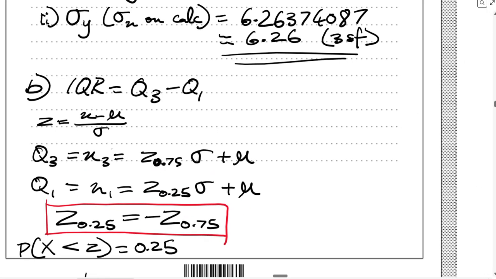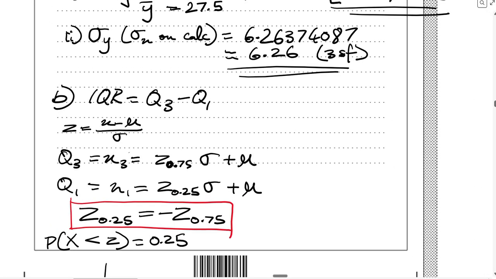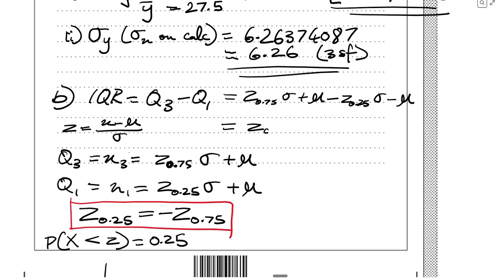And so what we need to do is use these two formulas and put them in here to find our interquartile range. We have Q3 is z 0.75 standard deviation plus mu, minus z 0.25 standard deviation plus mu. So all we have now is 0.75 standard deviation minus.